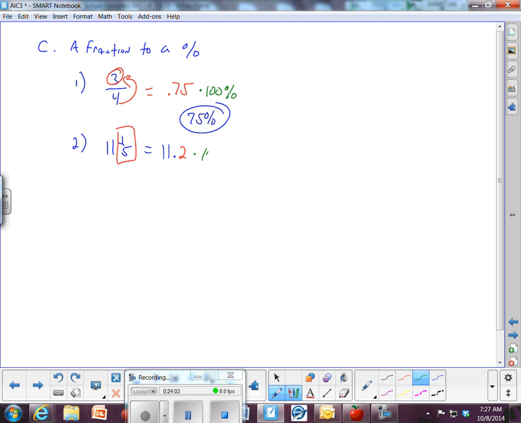I'm now going to multiply that times 100%. So 11.2 times 100%, and of course we get, in this case, 1,120%.